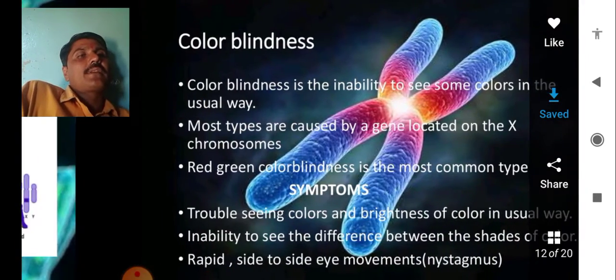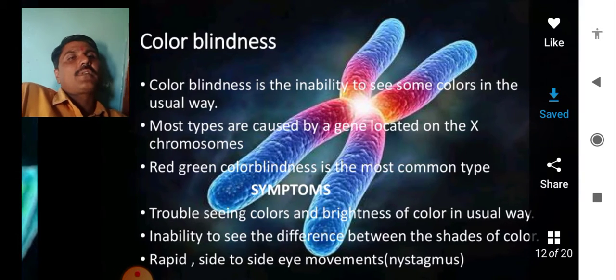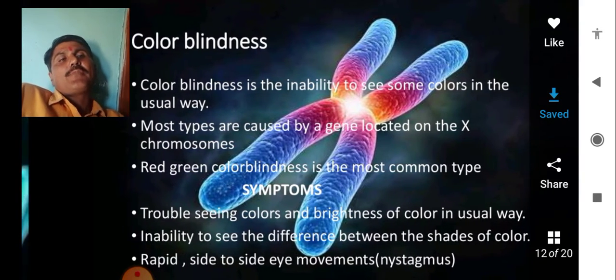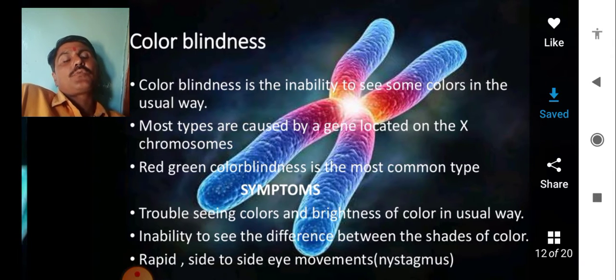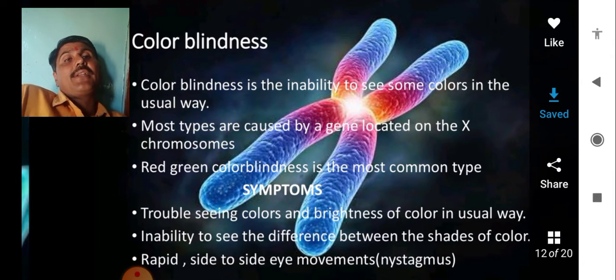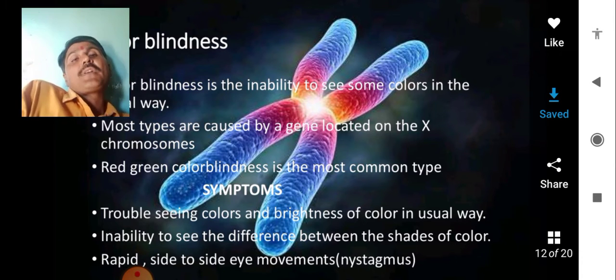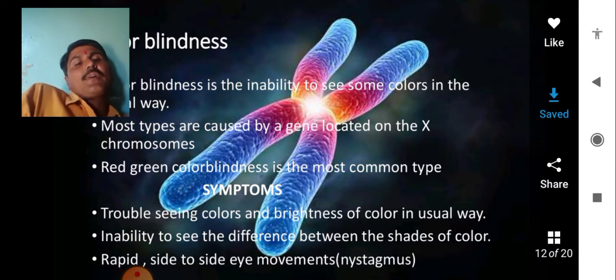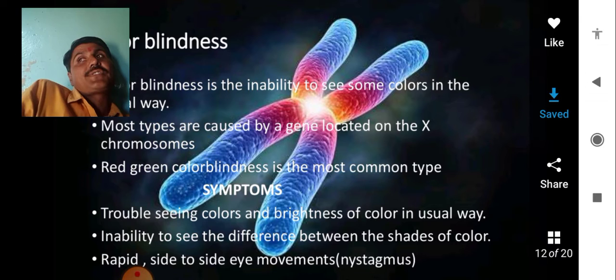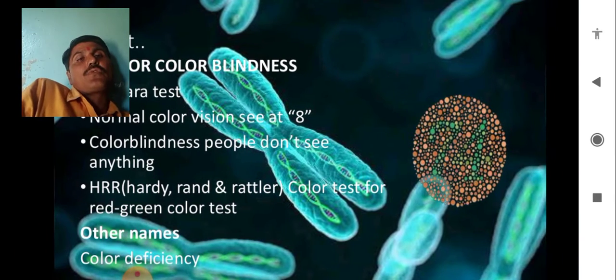Color blindness is the inability to see some colors in the usual way. Most types are caused by a gene located on the X chromosome, and red-green color blindness is the most common type. Symptoms are trouble seeing colors and the brightness of a color in the usual way, inability to see the difference between shades of a color, and rapid side-to-side eye movement, that is nystagmus, and so on.